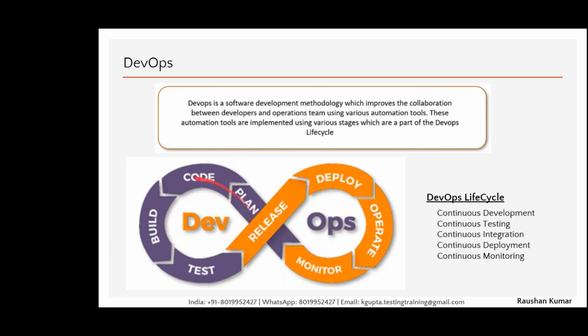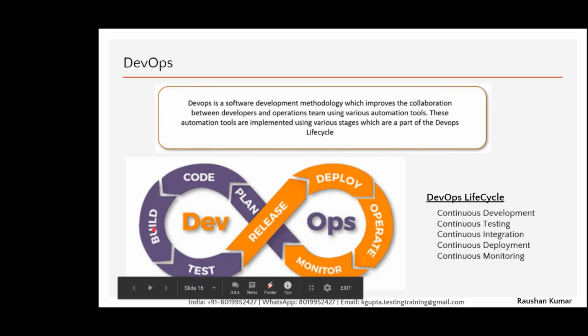It starts with the plan and code module, where the software is planned, and then we write code, and then we build the software. To build the code, we need some software to do that. So this comes under continuous development.